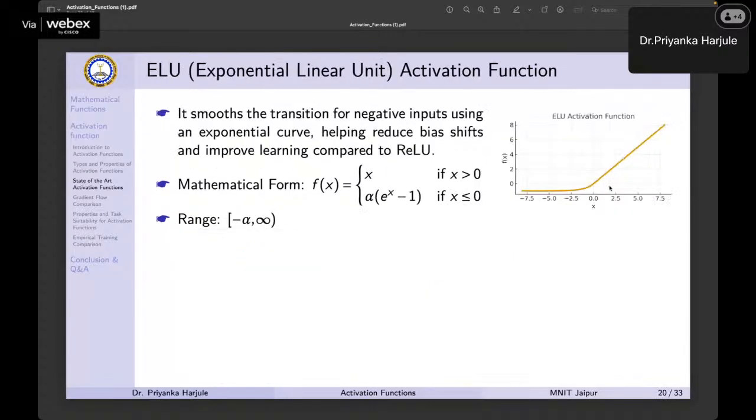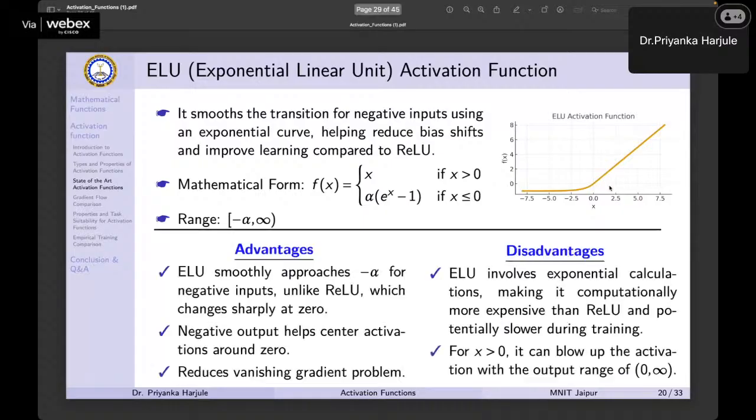Okay, so this also is used in many simple examples in deep learning, like image classification with noisy data, because smooth output is required, which will help stabilize the gradients across all the convolutions, okay, for the image classification, where we want the negative activations to help center the network output for faster convergence.